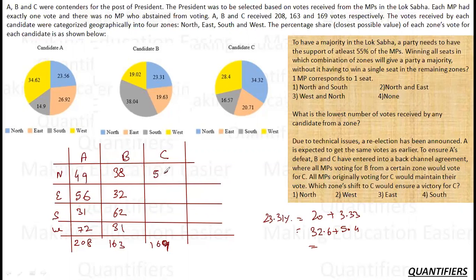This is approximately 58. This will be approximately 20.71 by 5, 32 plus 2, 34 plus 1, 35. This will be approximately 1 by 6, which is approximately 28. And this will be 169 minus the rest, or approximately 48. So this is how I have completed this, right?